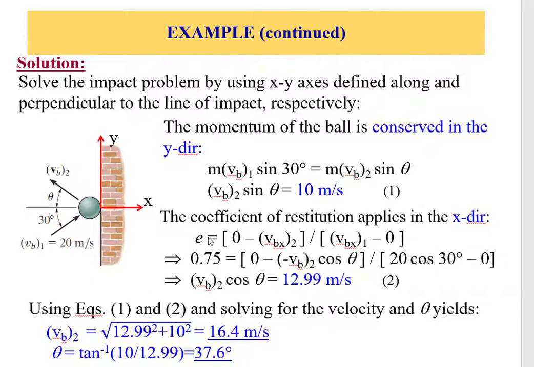And you can find theta from either of the equations by substituting the magnitude. So that solves for theta and the VB2 magnitude.